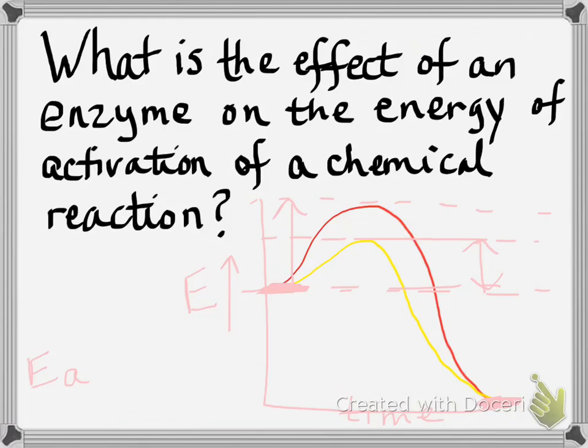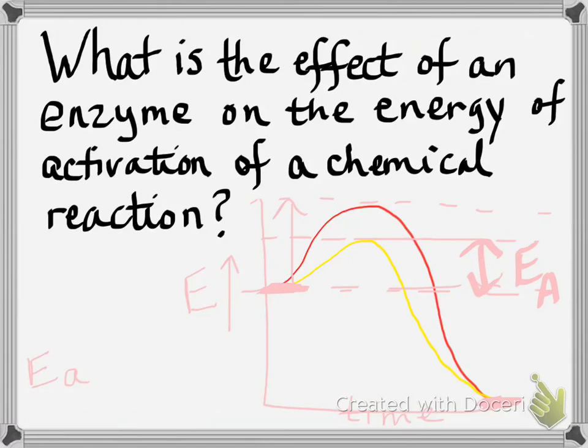The yellow. How did you know? Lower the energy of activation. Yeah. The energy of activation with the enzyme, which is this one, is lower. So the answer to the second part of number 2, what is the effect of an enzyme on the activation energy of a chemical reaction? It's lower.